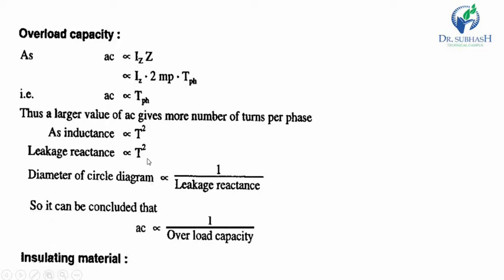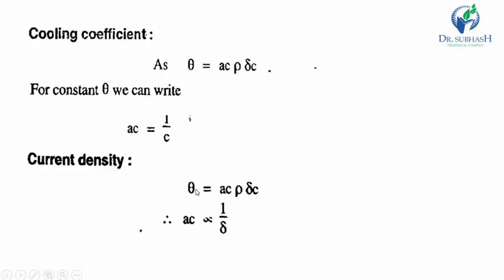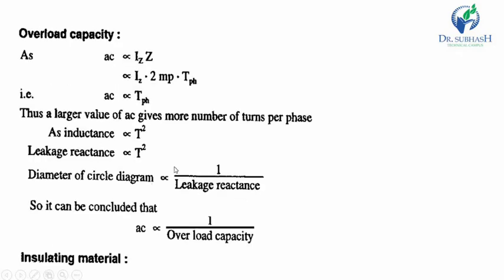If the leakage reactance increases, then from the circle diagram, the diameter of the circle is inversely proportional to the leakage reactance. This means the diameter of the circle diagram increases when leakage reactance decreases, and decreases when leakage reactance increases.